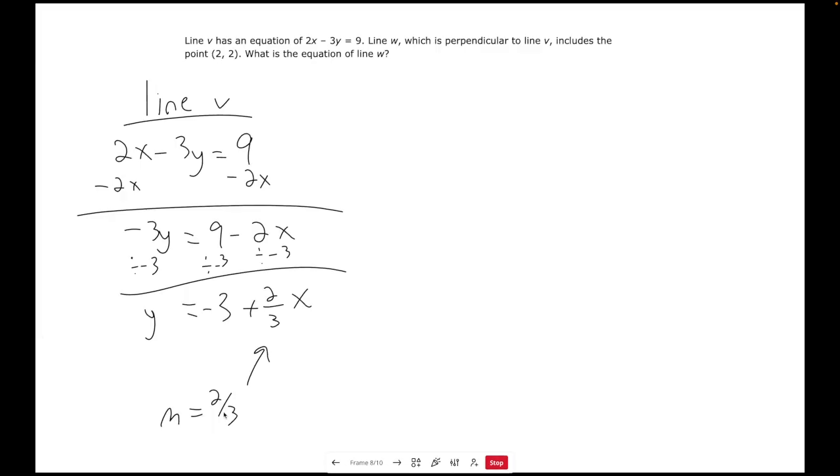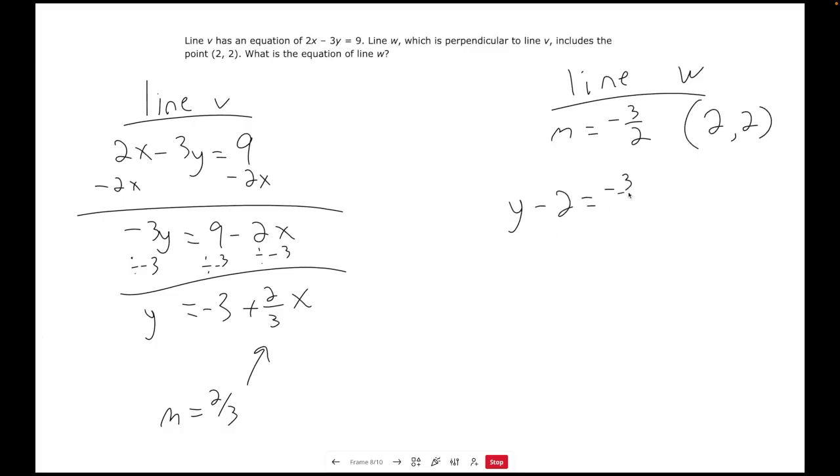And so our other line, which is w, is perpendicular, so we need to flip it and take the opposite. So this would be a slope of -3/2, and our point is 2, 2. And now we just plug stuff into point slope and solve.